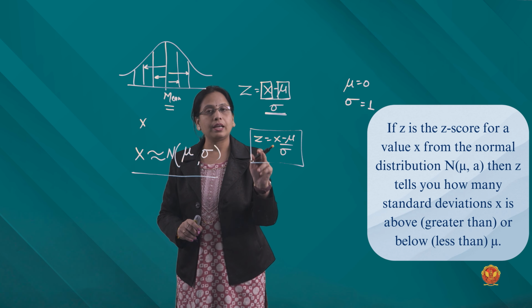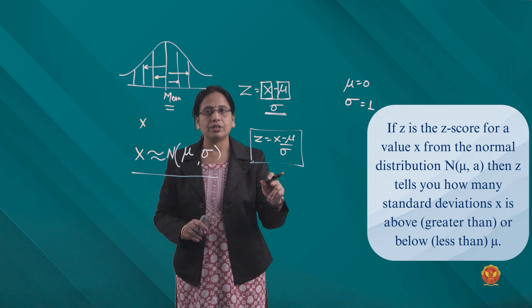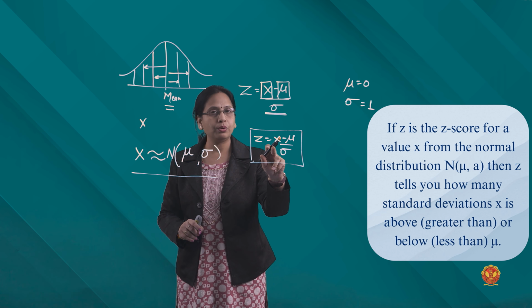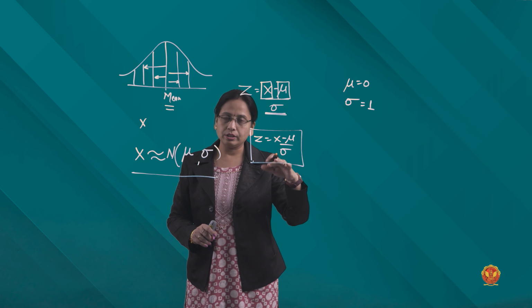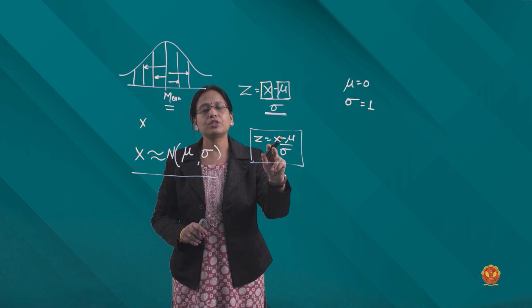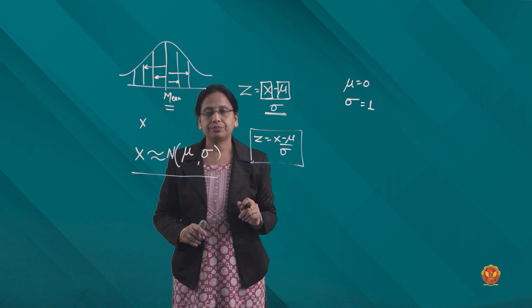This will be called the z-score. The z-score tells you how many standard deviations the value of x is above or below, or you can say towards the right or left of, the average value mu.